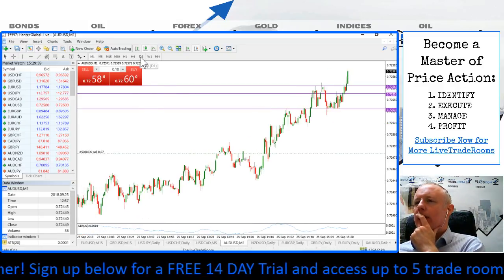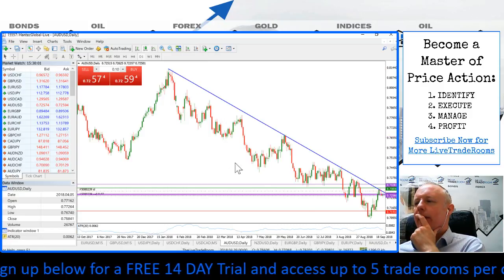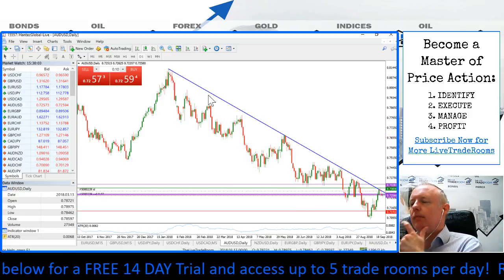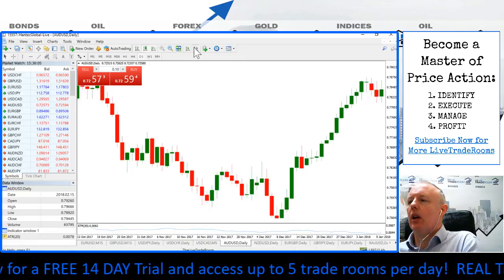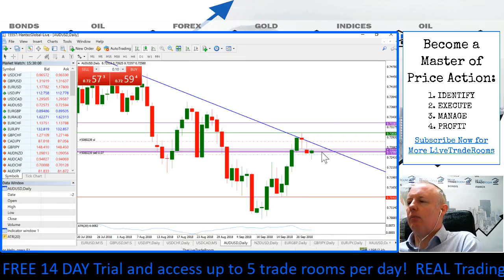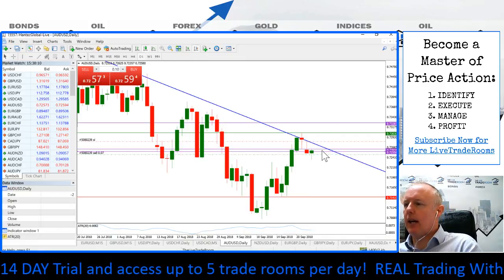And now the Aussie dollar is just taking off to the upside, and we're retracing quite heavily to the upside.